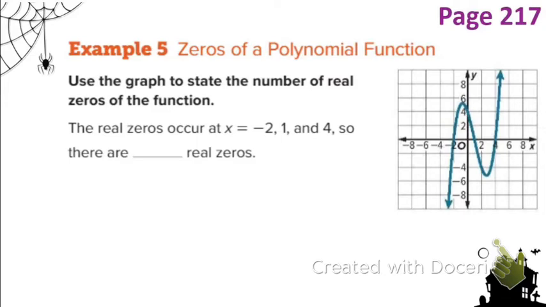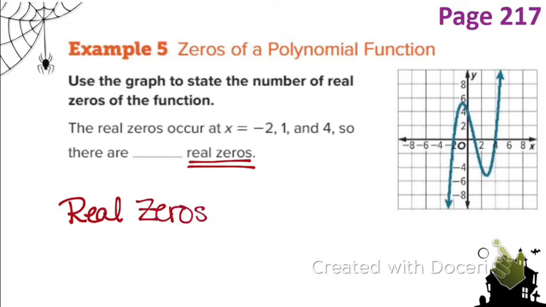They want me to look at the graph and find out how many real zeros there are. What did we say real zeros were? Give me a synonym. X-intercepts. How many of those am I looking at on this graph? How many times does the graph cross the x-axis?